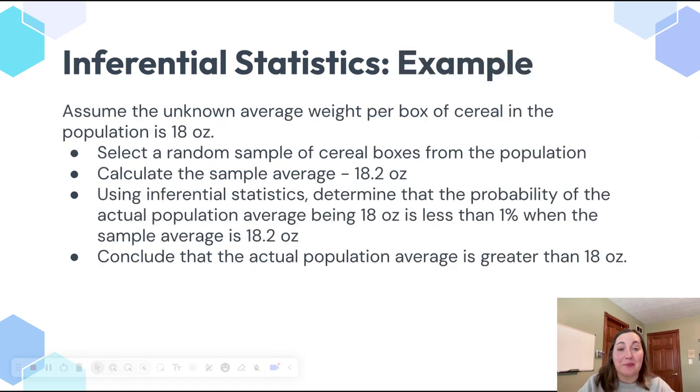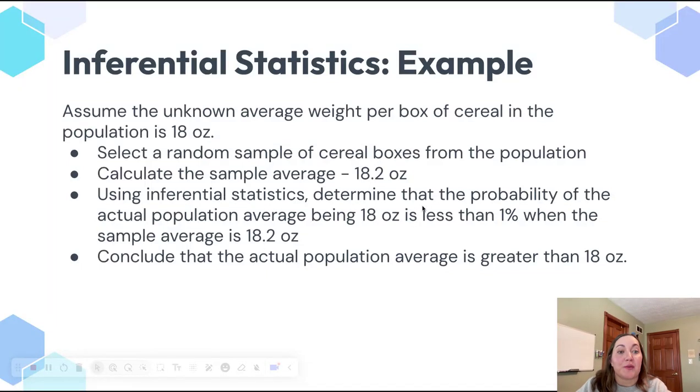And again, an example, because we're not going to do hypothesis testing in this class, but maybe we work for a company that produces cereal, and we want cereal boxes to be 18 ounces because we said they have 18 ounces. We should deliver what we promise. How do we actually test that? We would get a random sample. We would calculate the sample average.